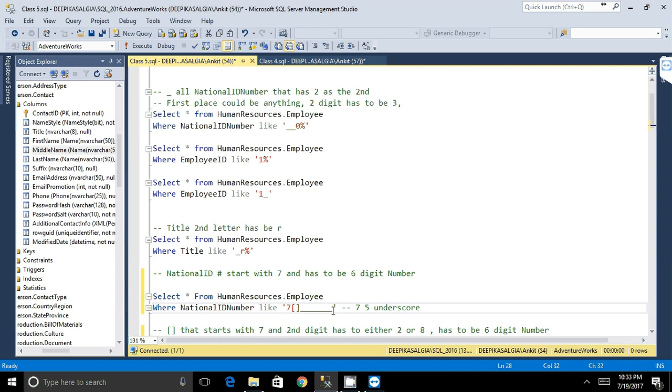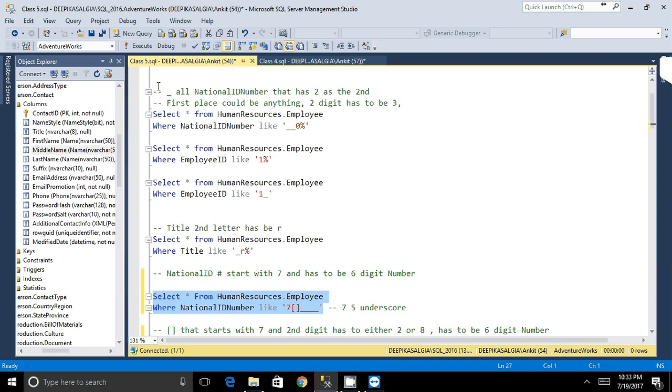But how about now, if I say the second digit could be anything from 2 to 8, what would you do? So the second digit could be from 2. So let's run this query. 1 underbar, 2 underbar, 3 underbar, 4 underbar.